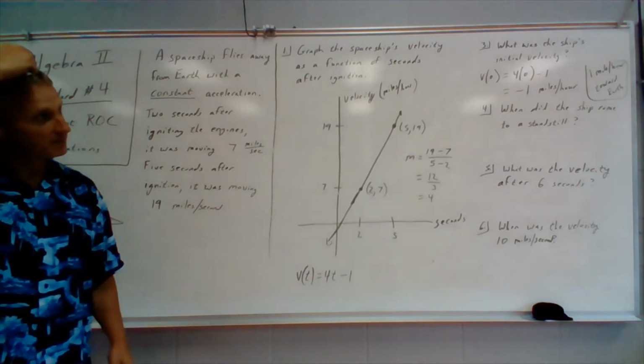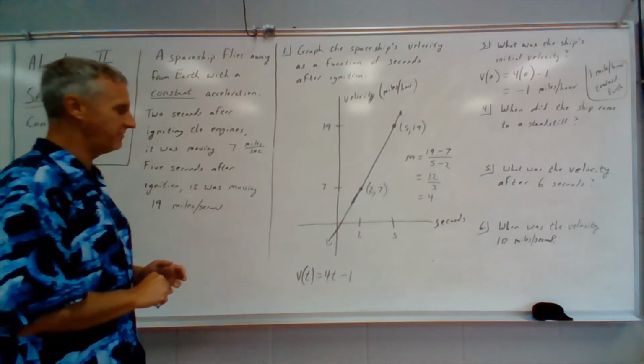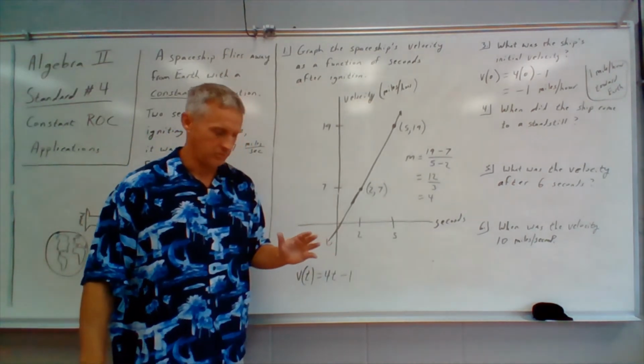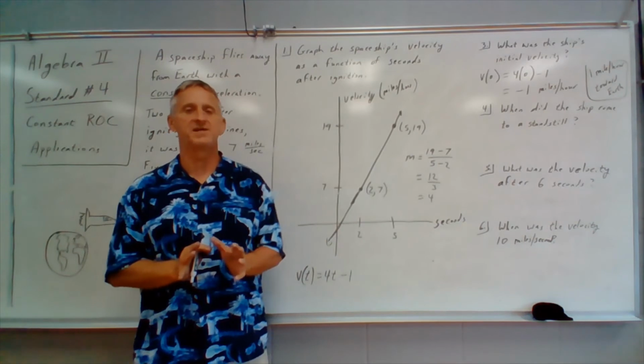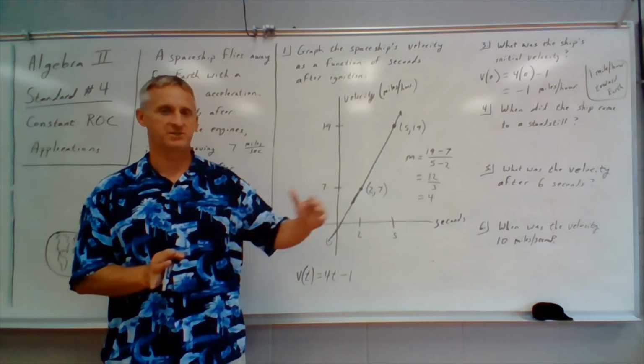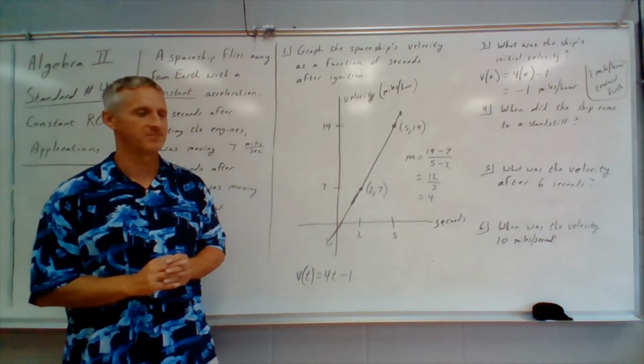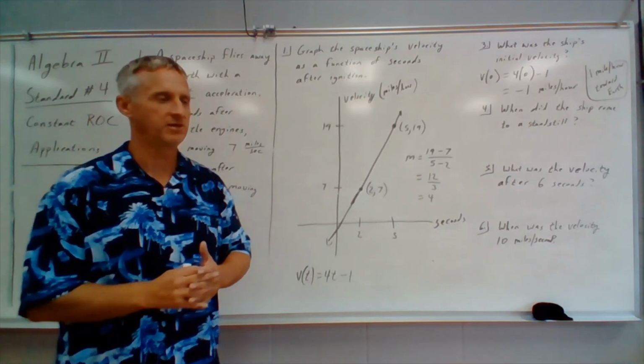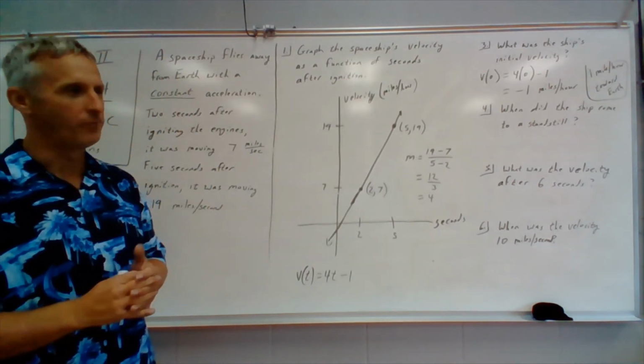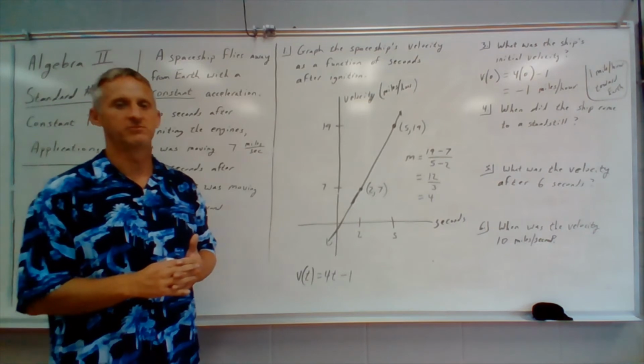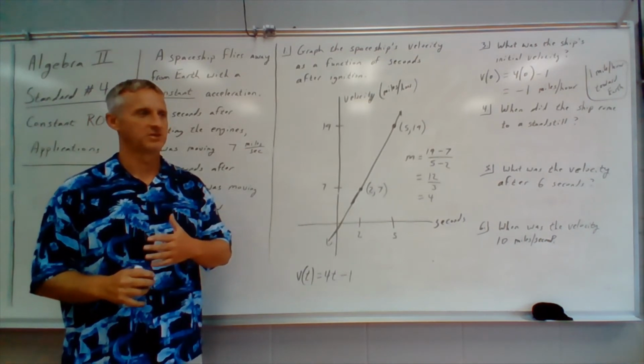All right, let's think about our graph here. When he first lit the engines on the spaceship, his velocity started increasing at a constant rate. What about before he lit the engines? We don't really know what was going on before that. He might have been moving at a constant velocity.